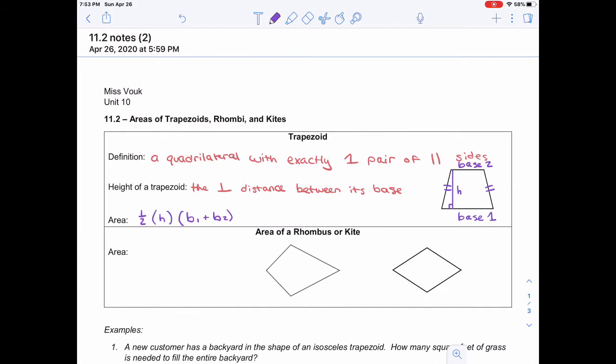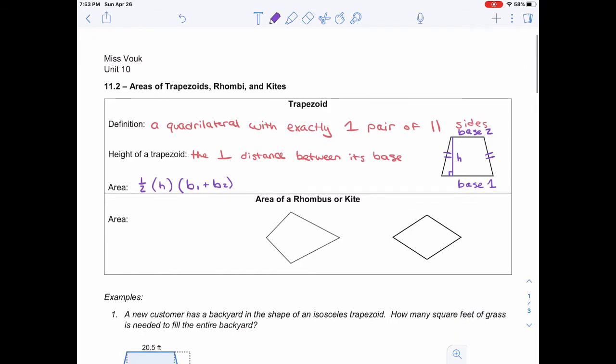Okay, and then finally for our area of a rhombus and kite, it's the same exact formula regardless of what polygon you have here. So it's going to be 1/2 times our diagonal 1 times our diagonal 2. We're going to go ahead and draw those in here. Your diagonals, you should know this from previous units, go from opposite corner to opposite corner.